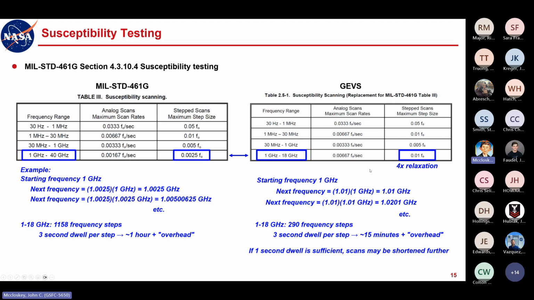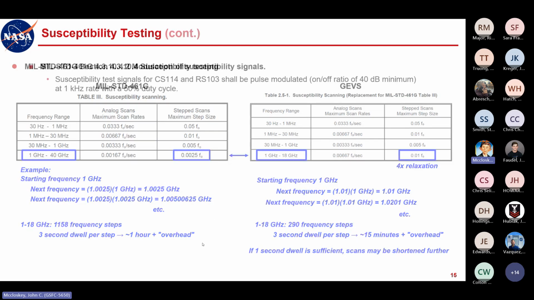So in GEVs, we've relaxed that, a factor of 4 relaxation, with I don't think any significant loss in the value of the test. I think the likelihood that you're going to miss something with these relaxed step sizes is very small. Nothing's stopping you from using the MIL standard step size if you want to, but this just permits you to relax it a little bit and make more efficient use of test time.